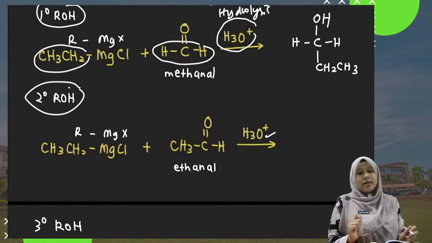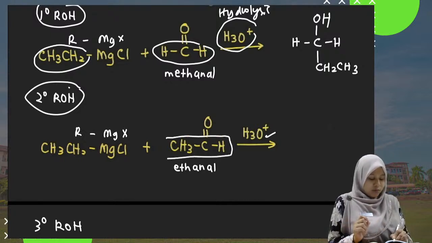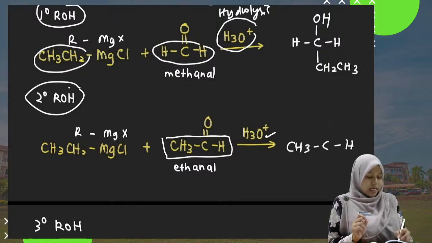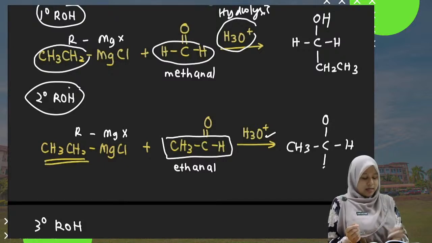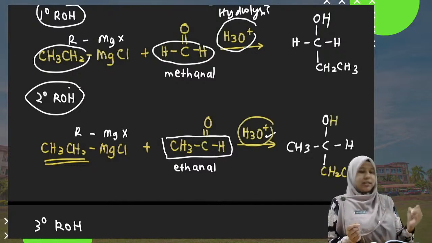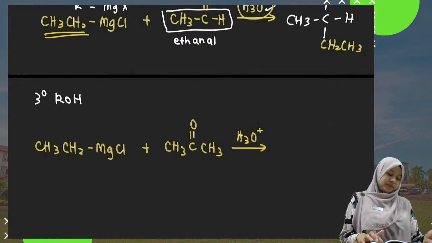Kalau kamu tak hydrolyze, kamu tak akan dapat OH kat situ. So structure dia kamu akan letak CH3, CH. Dekat double bond dia akan jadi single bond O. Bawah dia kamu masukkan Grignard reagent, so CH2, CH3. So hydrolysis dia akan dapat H kat situ. So dapat formation of secondary alcohol.